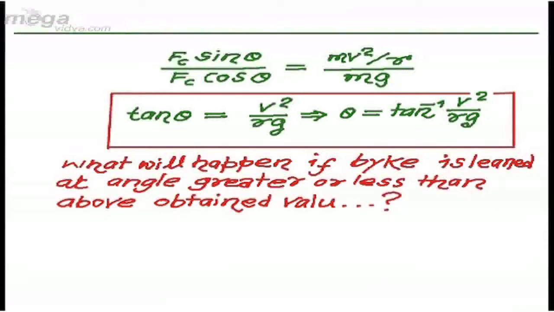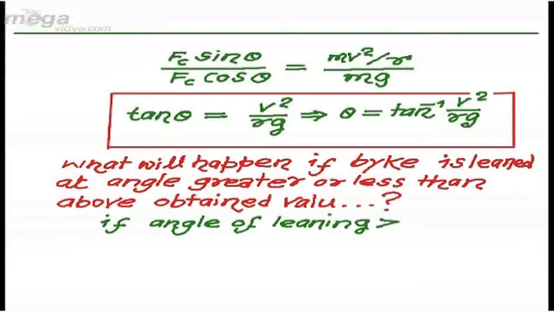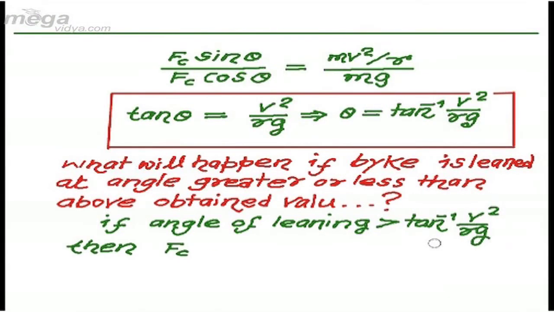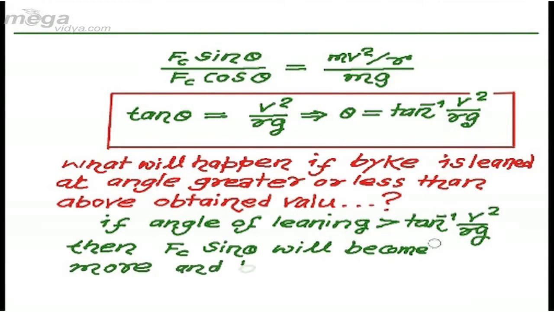We can easily say, if the angle of leaning is greater than the above obtained value of theta, tan inverse v square upon rg, then Fc sin theta will become more and the bike may fall inside.